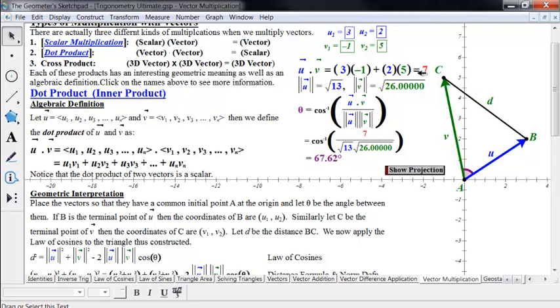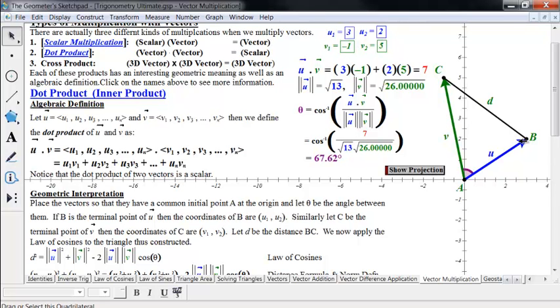Now the geometric interpretation is going to take a little bit for me to explain to you, so bear with me a minute. Let's look at this geometrically by placing the vectors at the origin for their initial point. The origin is point A, and it's the initial point for vectors u and v, and these are drawn correctly based on these particular numbers at the moment.